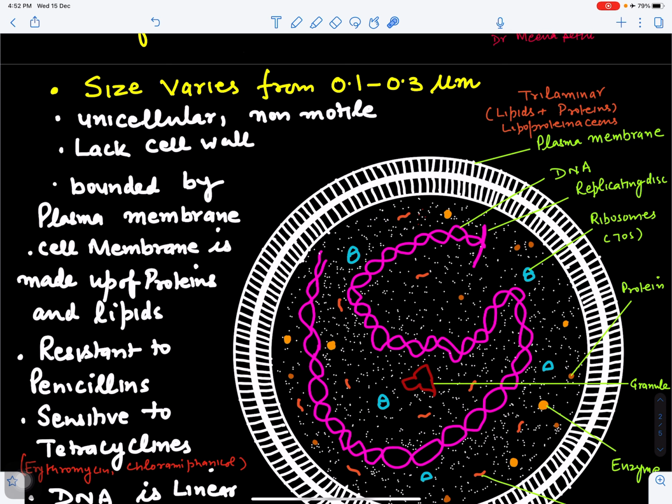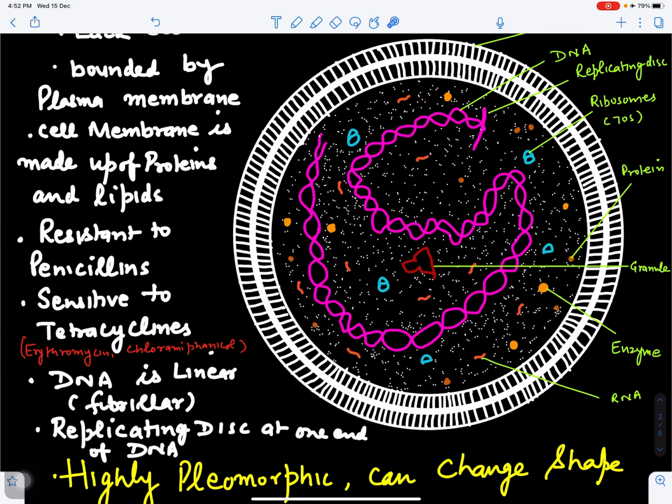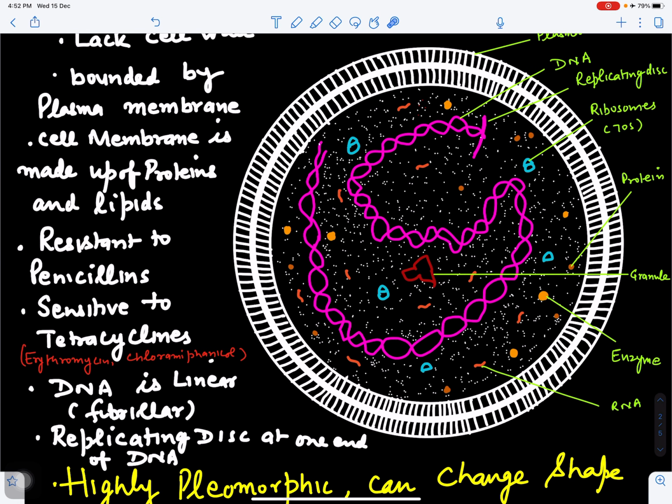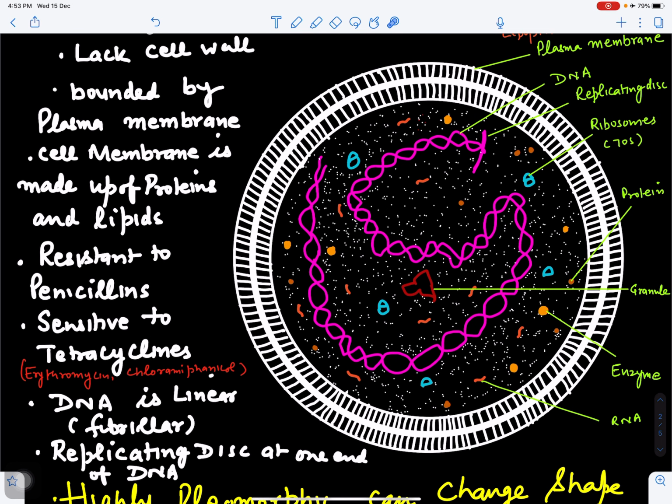It is made up of lipids and proteins. Now, because it doesn't have a cell wall, it is resistant to penicillin. Penicillin will not control the growth of mycoplasma, but it is sensitive to other antibiotics like tetracyclines, erythromycin, and chloramphenicol.